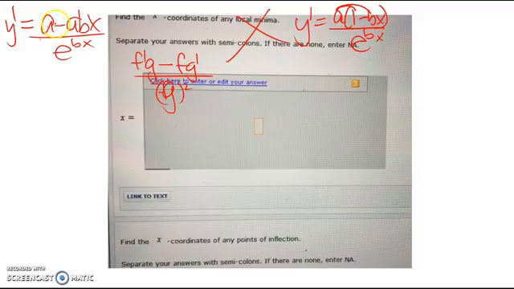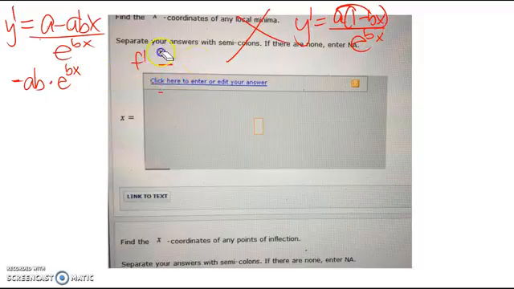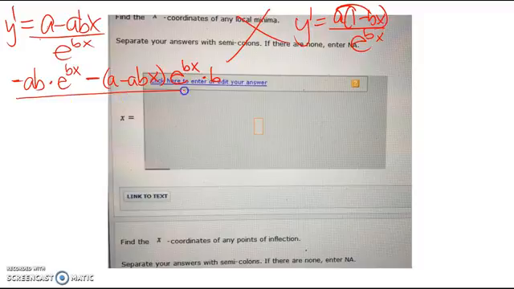So the derivative is going to be negative ab, because that x goes away, times e to the bx. Minus the top times the derivative of the bottom, which is e to the bx times b, right? All over e to the bx squared.